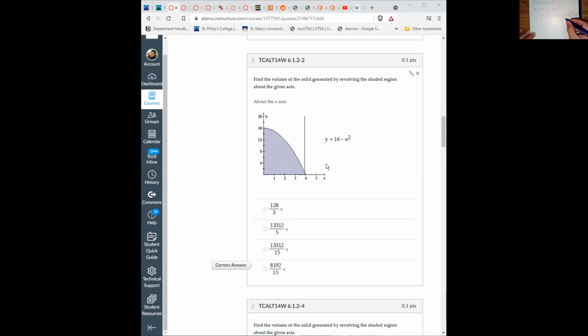Okay, this is the region they gave me. So here's 16, 4. And here's a line at 4. This function is a parabola.